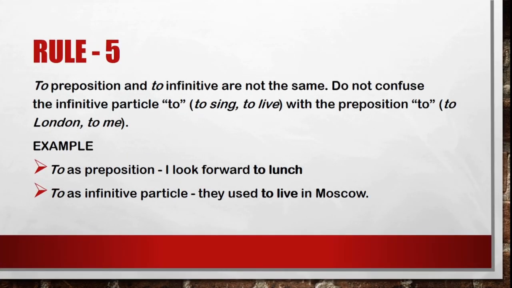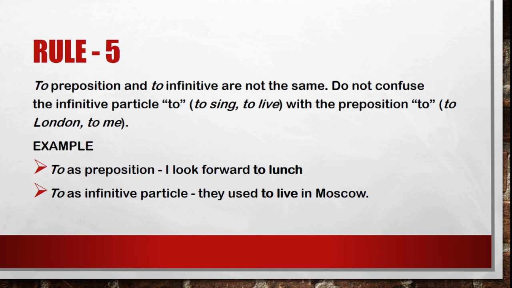Now, the fifth rule is to preposition. The word to preposition and to infinitive are not the same. Okay, so do not confuse the infinitive particle to, like to sing, to live, with the preposition to, like to London, to me.